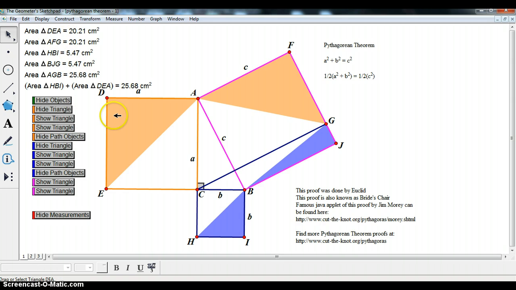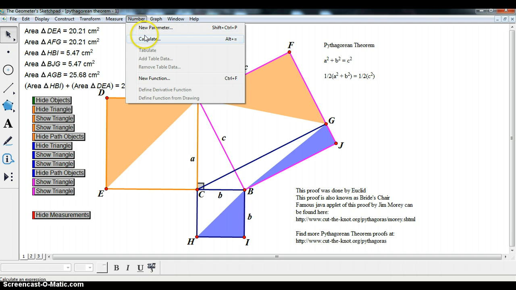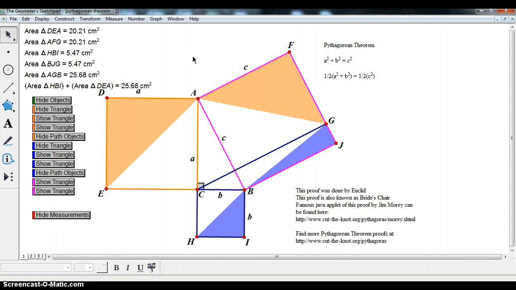So DEA, which is this one here, actually, so these two, if you look at the measuring tool here, it just calculated all these. You can measure the area if you click on it. So that's all I did, nothing special.